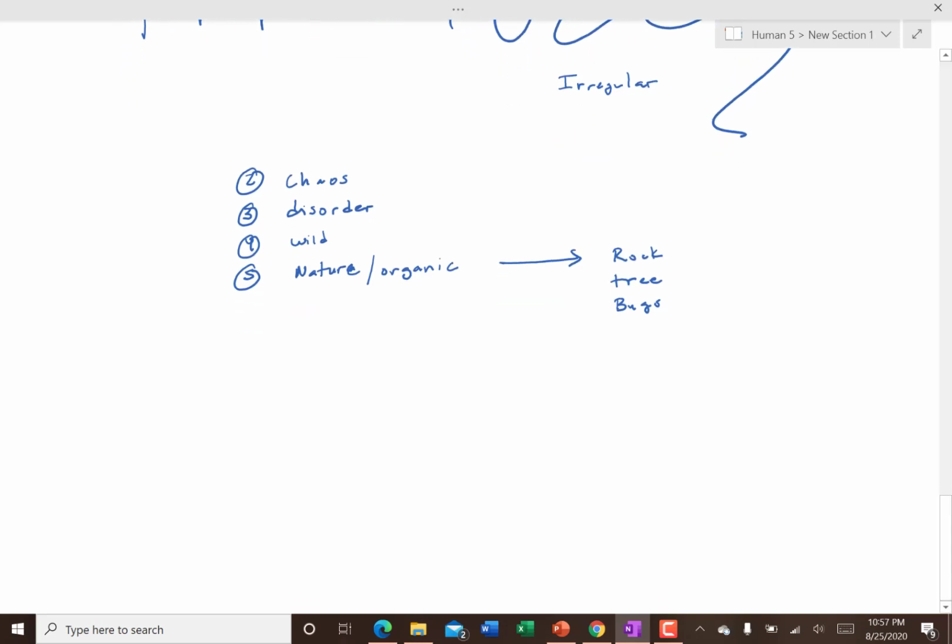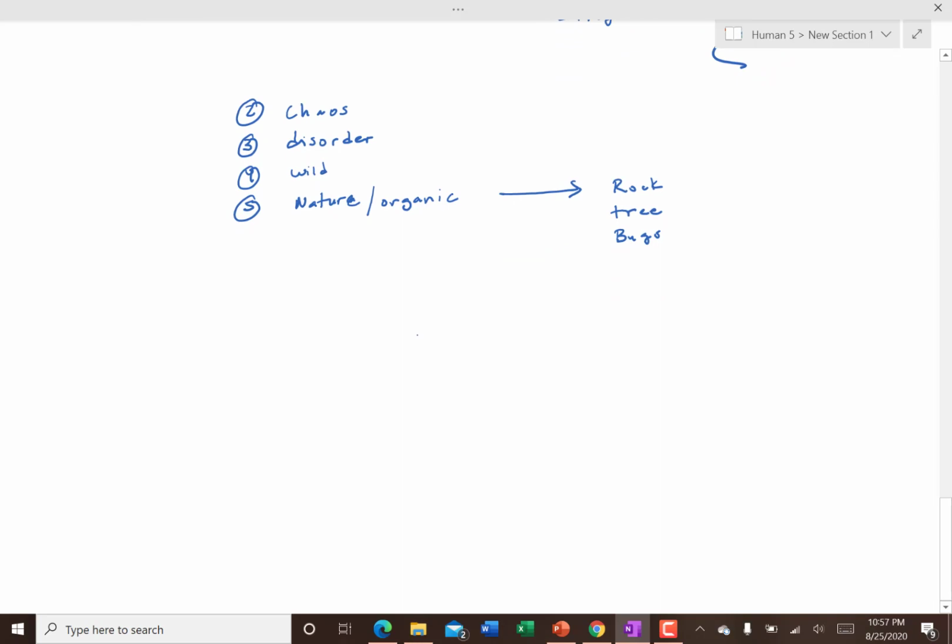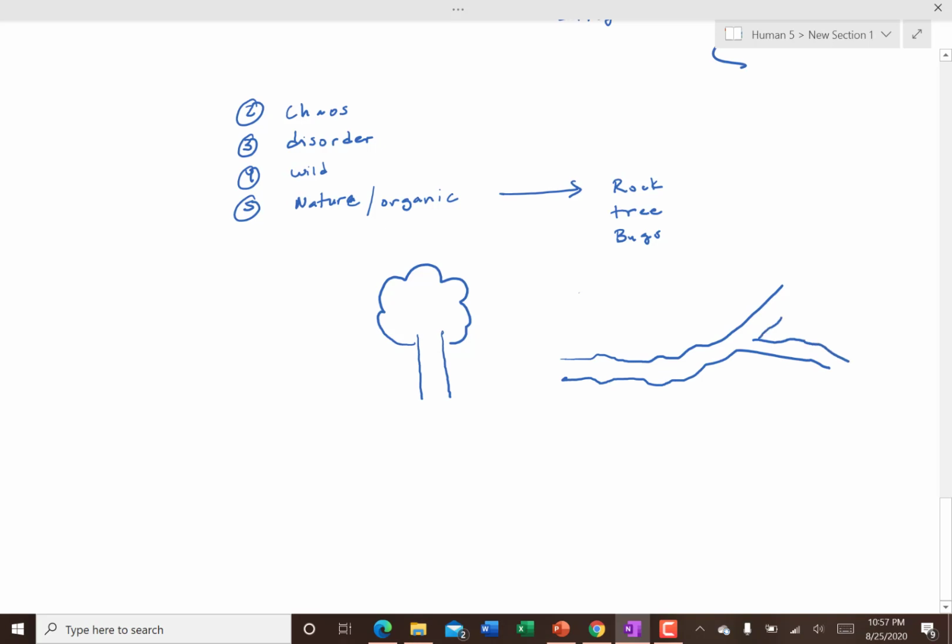It's why when kids are learning to draw trees, they tend to do this, right? And this isn't as realistic. There are different ways you could do trees, but if you're looking at branches, for example, if someone's drawing a branch, they're going to make bumps going in and around, because even branches aren't straight, right?